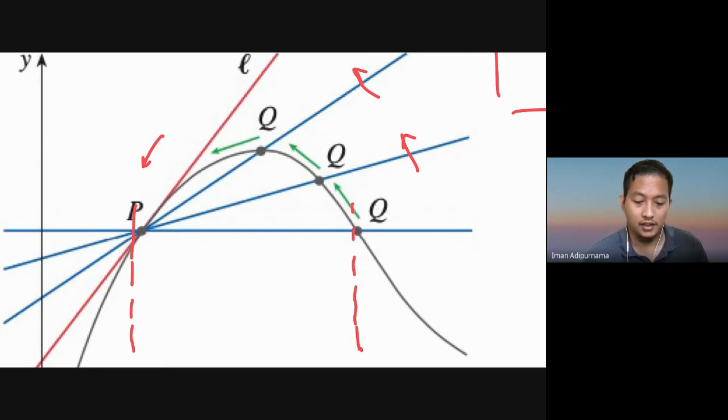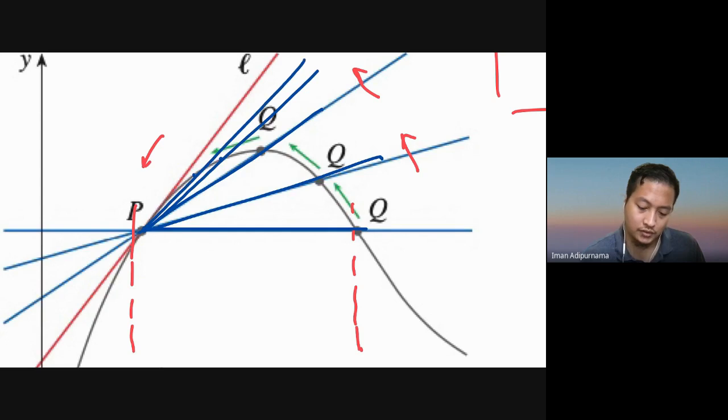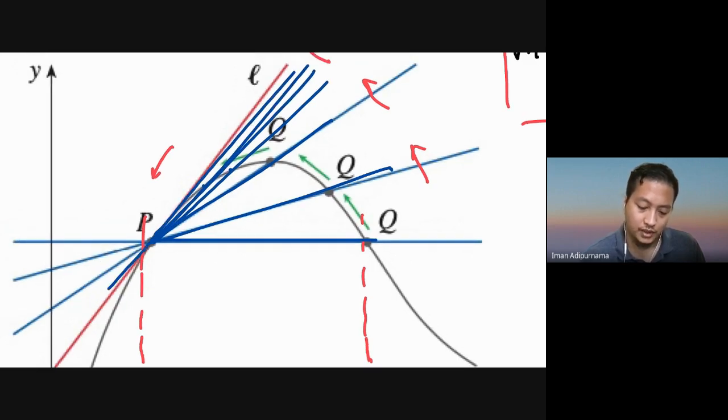See that the line first is like this, and then like this, and then like this, and maybe here like this, and eventually it will get closer to this tangent at P.